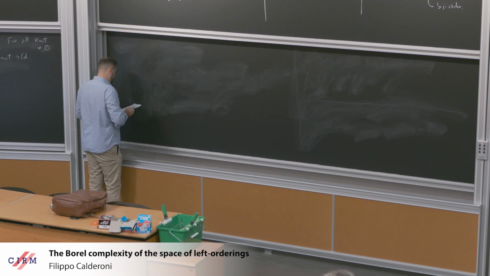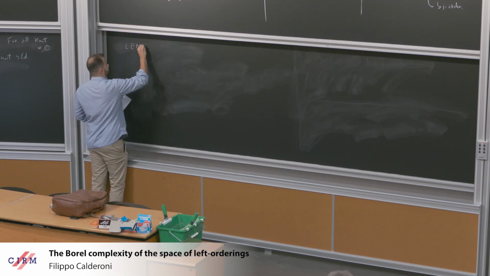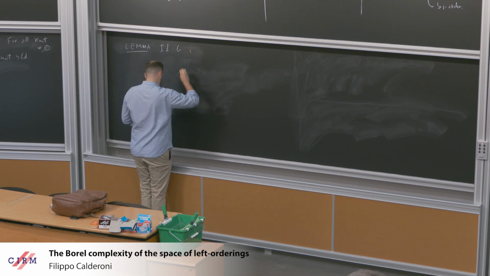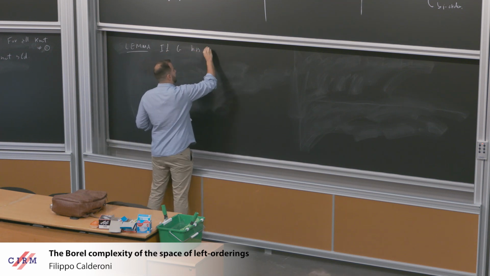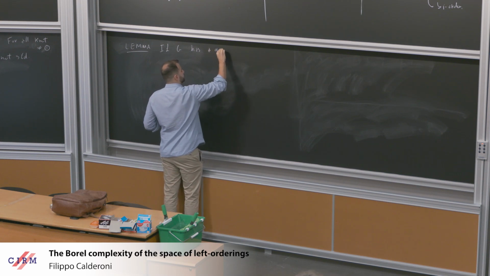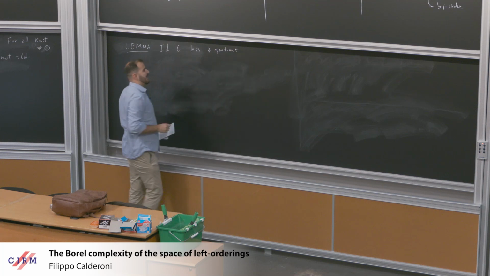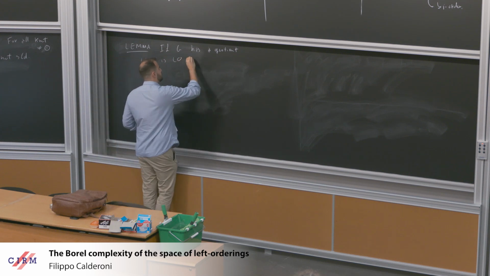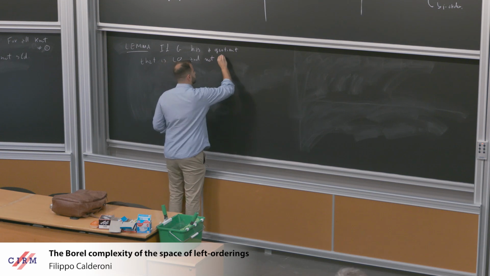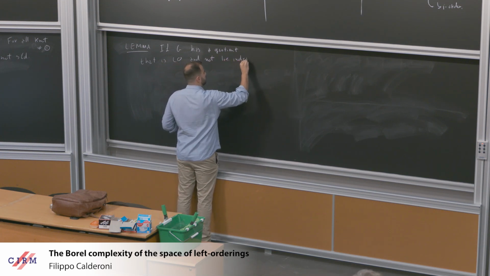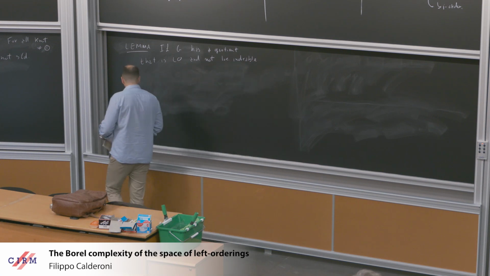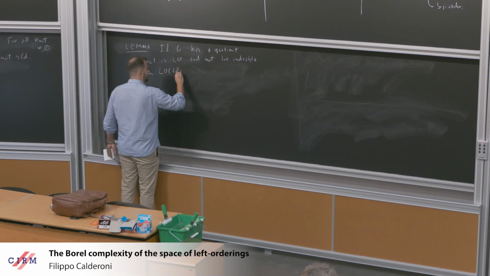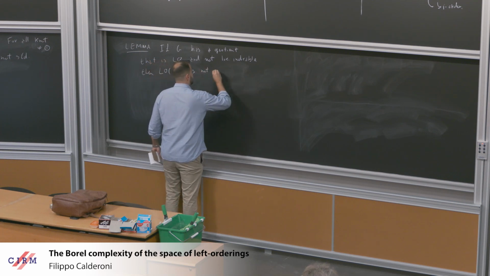So there is a lemma saying that if G has a quotient, here I'm talking about a quotient of G as a group, that is left orderable and not locally indicable, then ELO of G mod G is not standard.